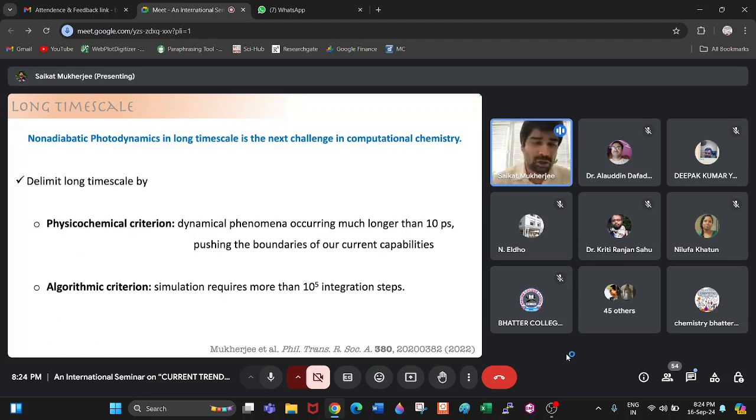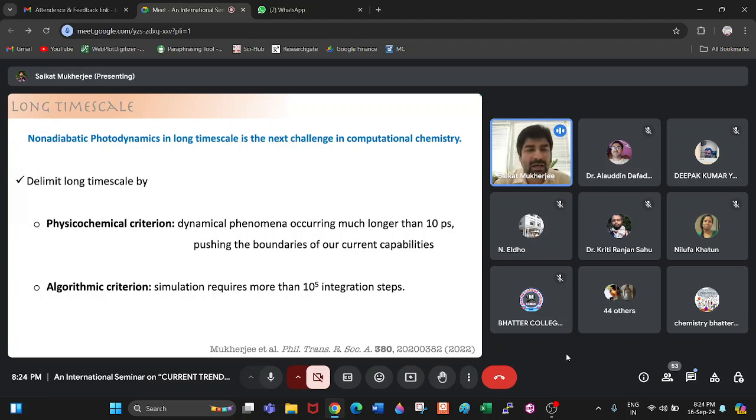So I define my long time scale by these two criteria. One is the physicochemical criterion, where the phenomenon takes much longer than 10 picoseconds. Why? Because currently 10 picosecond dynamics is doable, I can do it. So I am really pushing the boundaries of current capabilities.